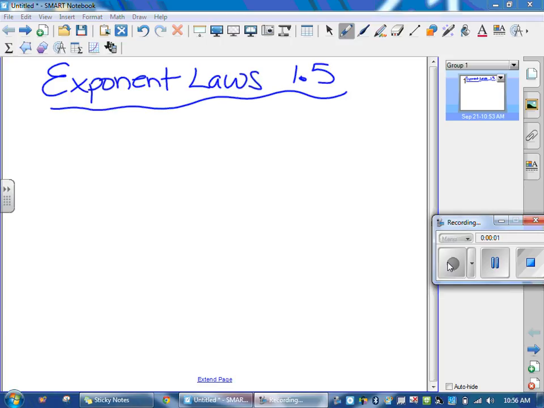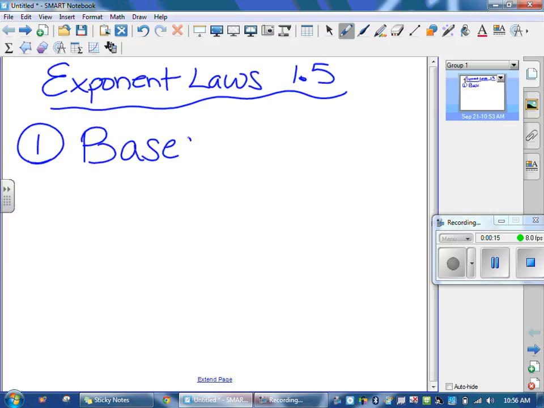Laws 1.5. Our first law we have to talk about is going to be the addition law. So basically, this one's going to be called the... what do we call this one? Same bases. So bases are the same, and you're multiplying.